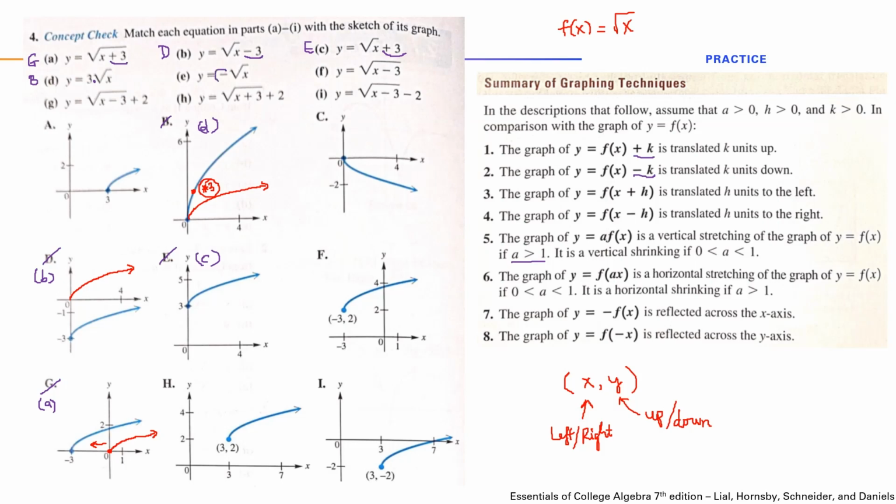Then we have the negative outside of the function. This will be a reflection across the x-axis. It will look like that.